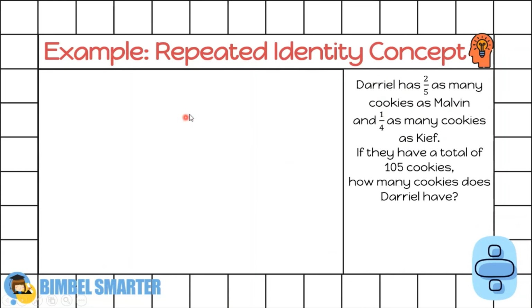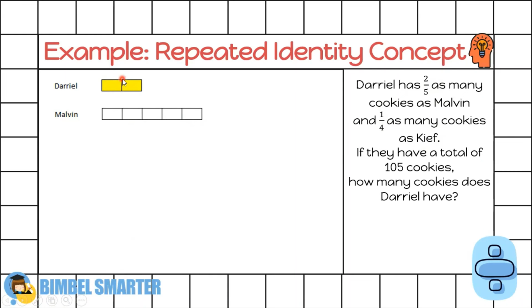Let's draw the model. The least one is Darriel. Darriel has 2/5 as many cookies as Malvin. That means Malvin has, that's right, 5. Darriel has 2 and Malvin has 5. And then Darriel also has 1/4 as many cookies as Kief.